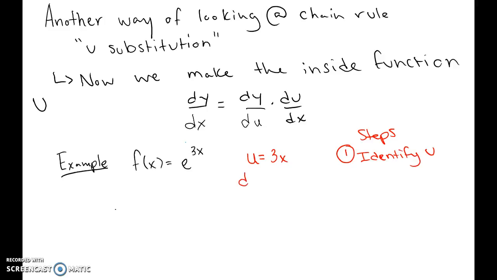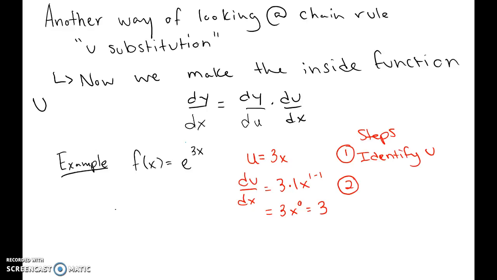Our second step would be to take the derivative of u with respect to x. So the derivative of u here would just be 3. We pull down our exponent of 1, 3x to the 1 minus 1, 3x to the 0, or 3. That's just the power rule being applied there.